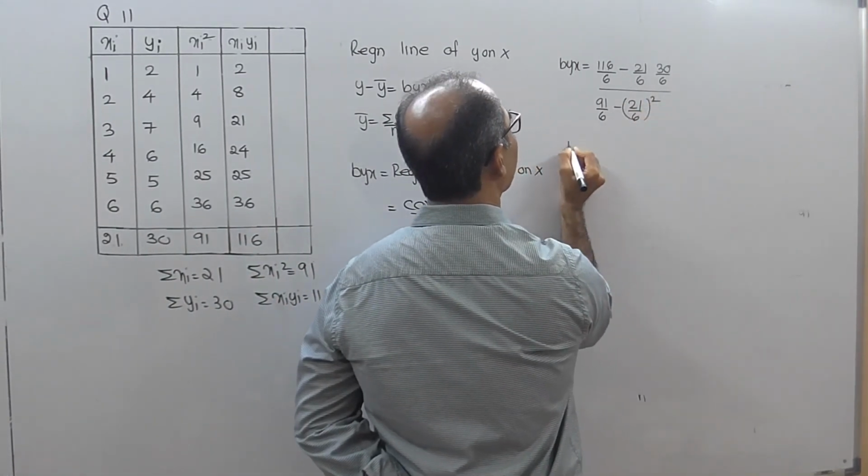X bar is sigma xi upon n, y bar is sigma yi upon n. This is 30 upon 6, therefore the value for y bar is 5.